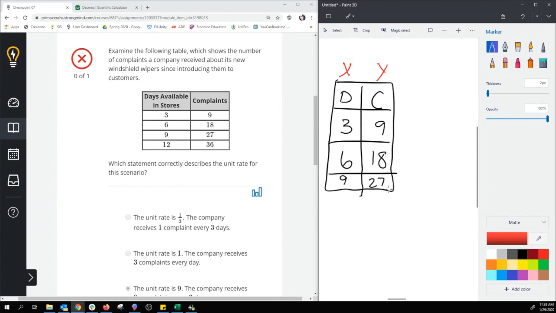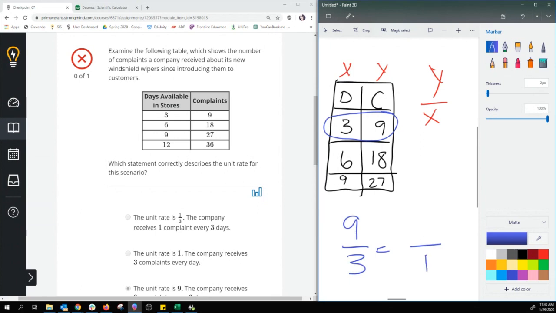So remember, when you're writing your unit rate, you want to have Y over X. We can pick any pair from our table and write Y over X. So if I were to choose the pair 3, 9, what would my Y over X be? 9 over 3, perfect. And if I want a unit rate, I need a 1 in the denominator. So to go from this 3 to 1, I'm going to divide by 3, perfect.